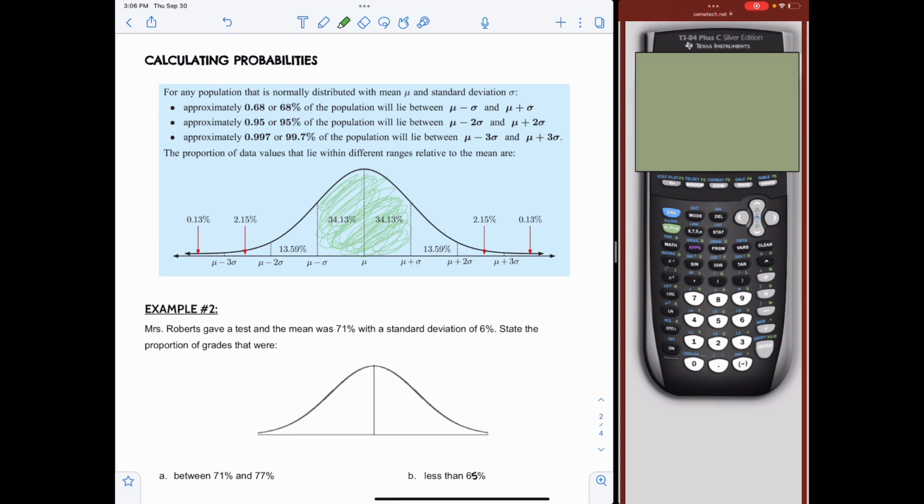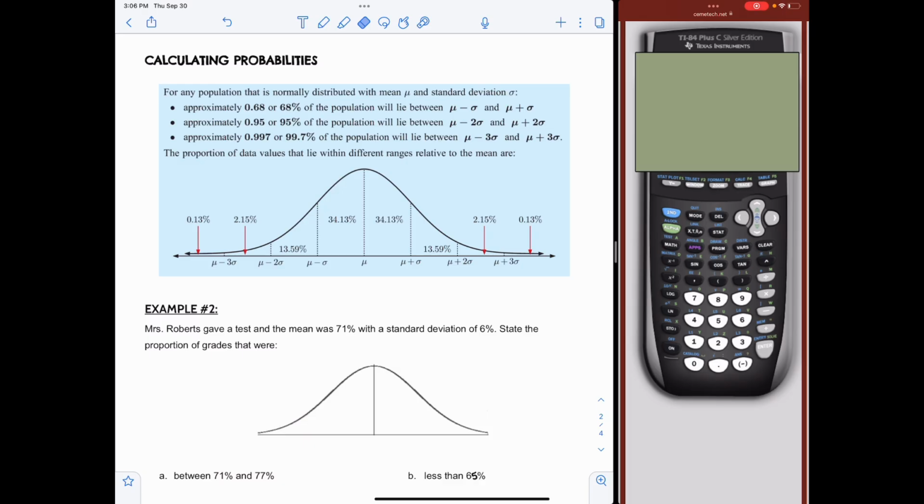Then it says approximately 95% of the population is going to lie between 2 standard deviations, so including these next 2 sections on either side. That's 95%. And then approximately 99.7% will lie within 3 standard deviations of the mean. Okay, so that is what that means here. And you can always use this chart to see your percentages.